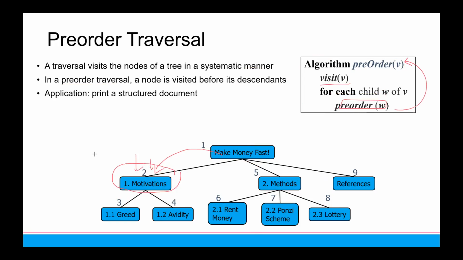So we will visit 2. And then again, for each child W of V, we have the child pre-order W. Then we will go back here and then visit V. So here we visit 3. For each child W of V, is there any child?